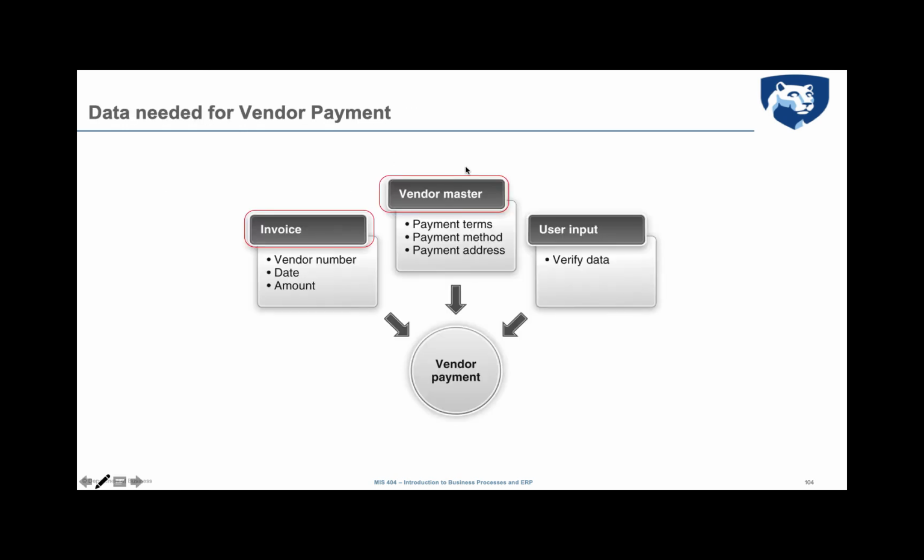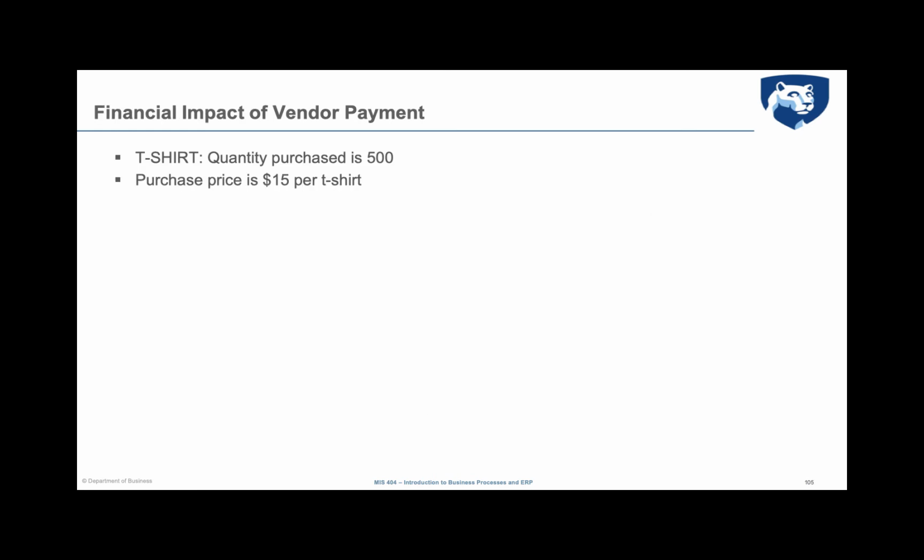And we can now pay the vendor, for how much? 500 units, $15 per t-shirt, so $7,500, which is the financial impact. The inventory will remain the same, so we have a credit here, which will be decreased when we post that the payment is due, as we saw before.